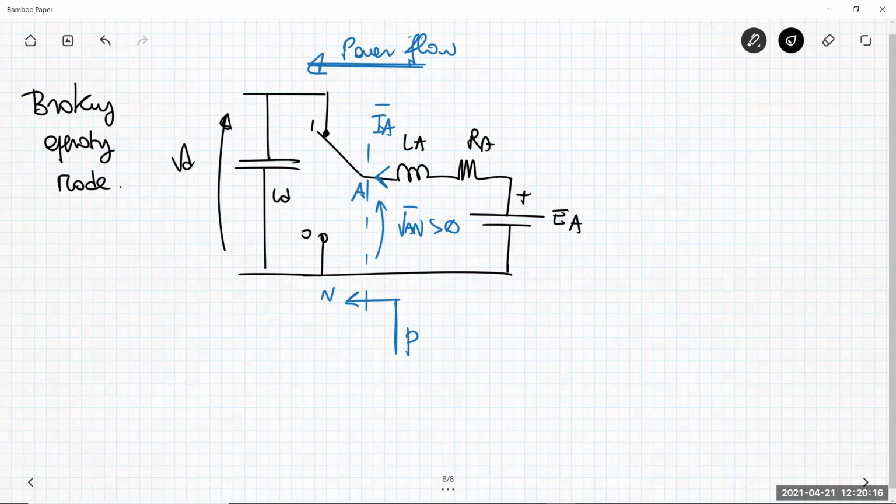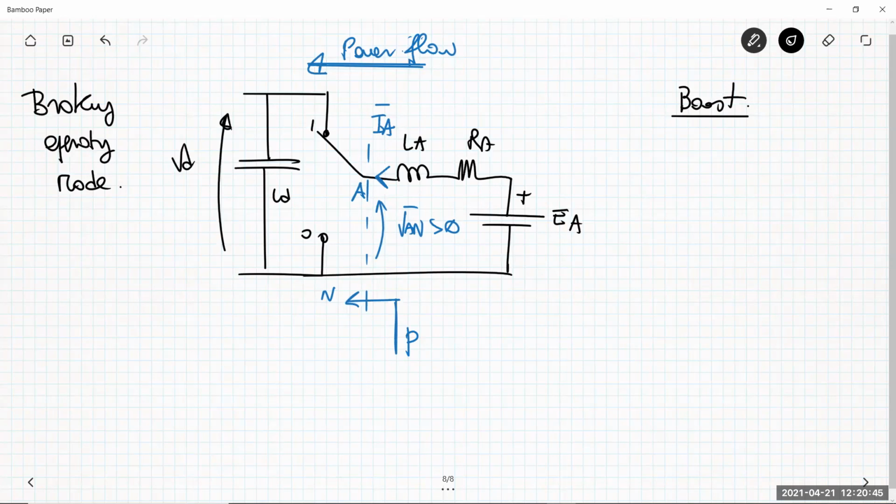This condition is basically similar to that you can find in a boost converter. In a boost converter, which is again a DC-DC converter, also called step up, a low voltage is converted into another DC voltage which has a higher value than the input source. Okay, you are stepping up your input voltage.